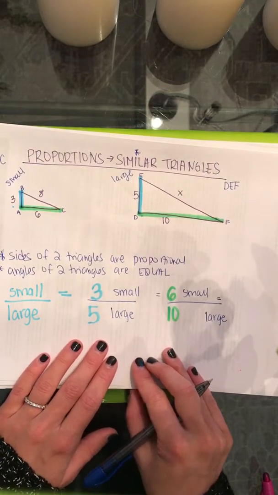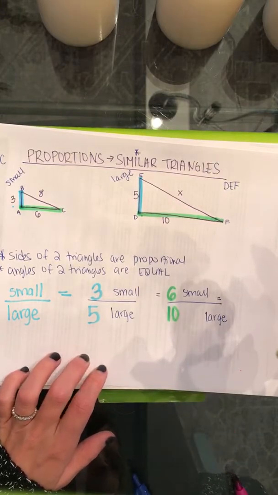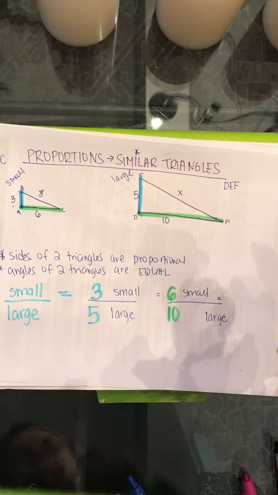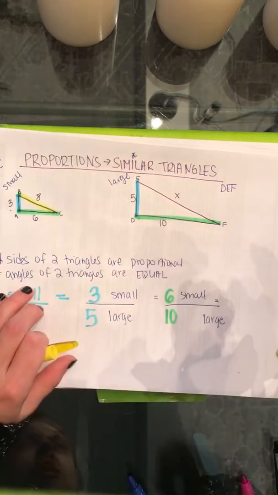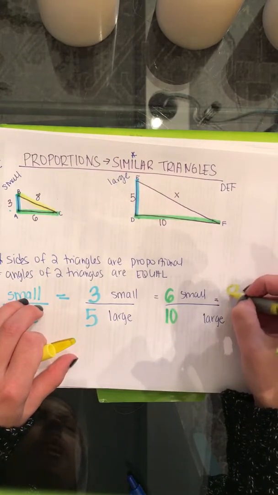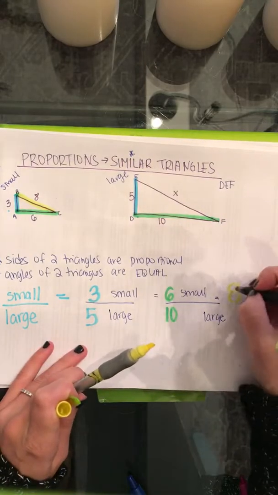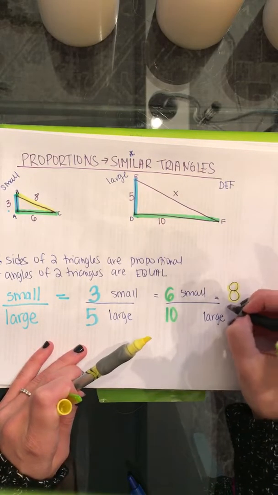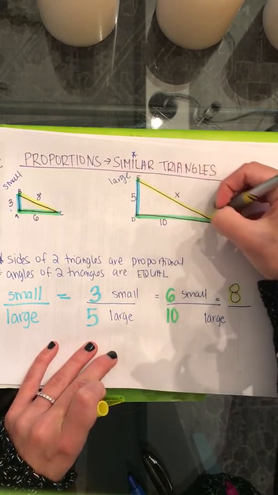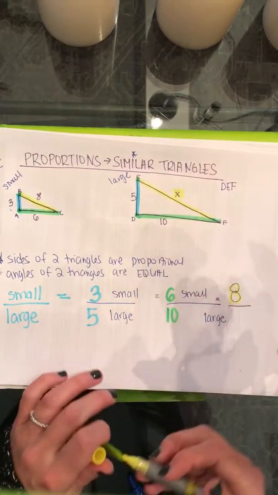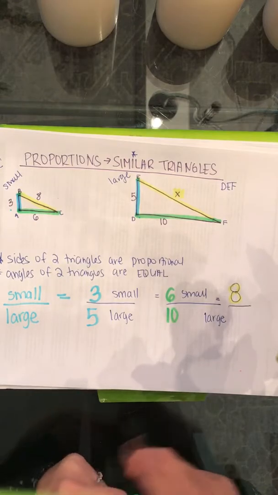Now, we have one more side left to compare. This longest side here. On our small triangle, that's 8. On our large triangle, we don't know.